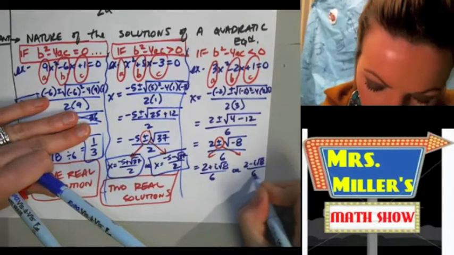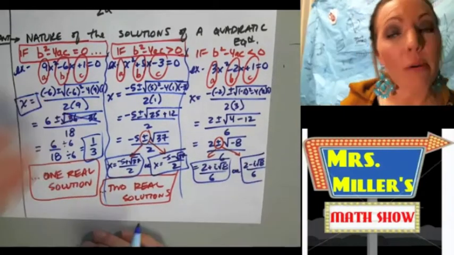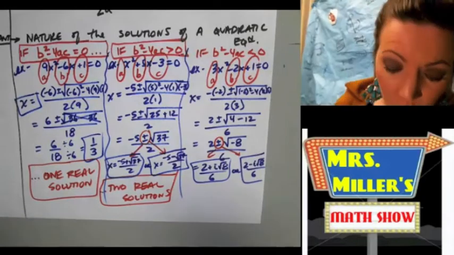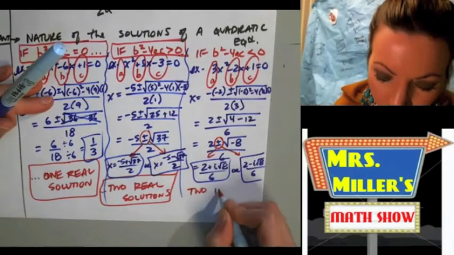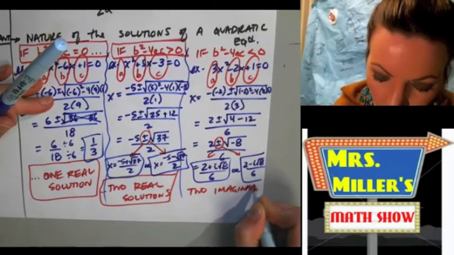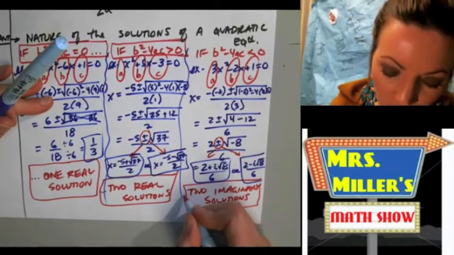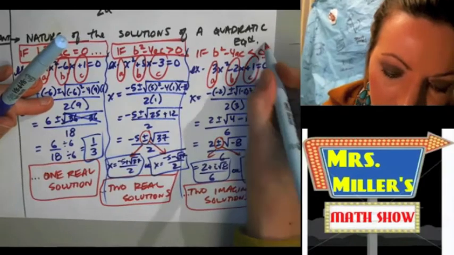So how many solutions do we have? 2, and do we have any imaginary numbers in there? We do now. So this is 2 imaginary solutions. So if b squared minus 4ac is less than 0, then we have 2 imaginary solutions.